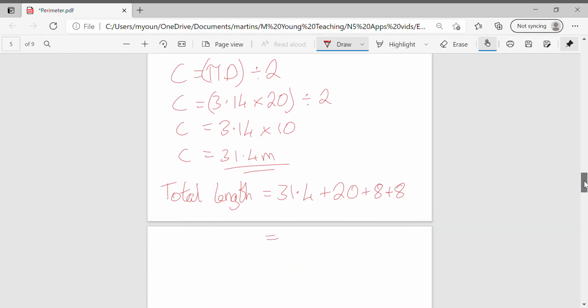You can do this either in a sum or just take it a step at a time. 31.4 plus 20 is obviously going to be 51.4, and then I'm just adding on 8 and adding on another 8, which is like adding on 16, so that's going to be 67.4 metres. But again, if you need to set out a sum, just do that, make sure you don't get this incorrect. So that's the total length.